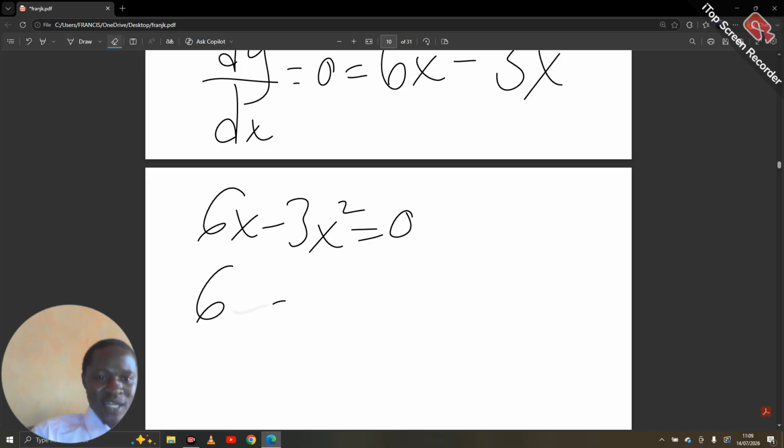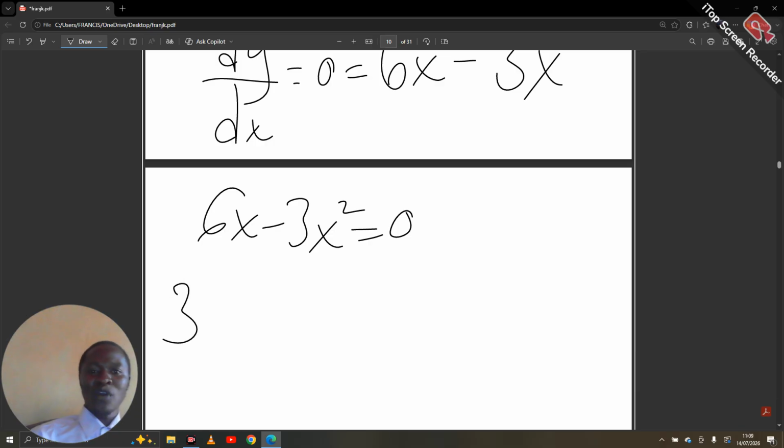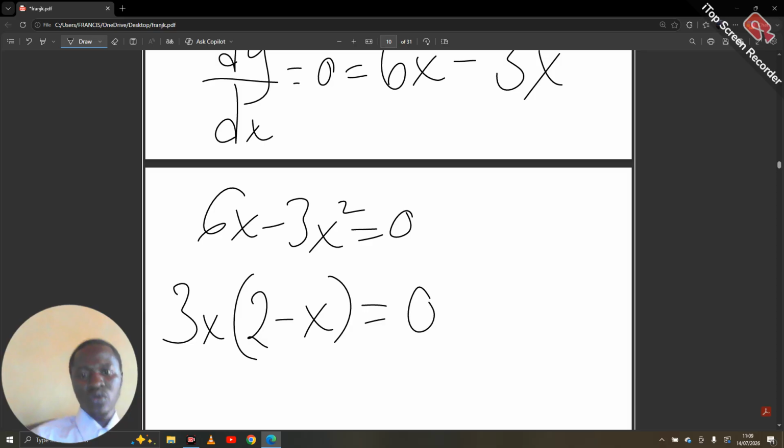Being that you are taught, you are learned, you will factorize what is common in the expression 6x minus 3x squared. Obviously 3 is common and x is also common. So we have 3x into 2 minus x equals 0.